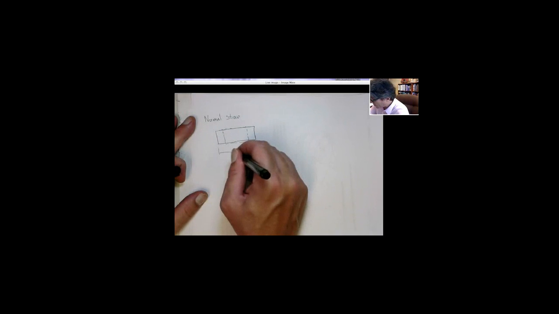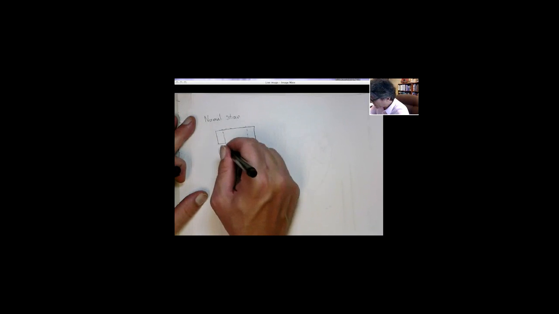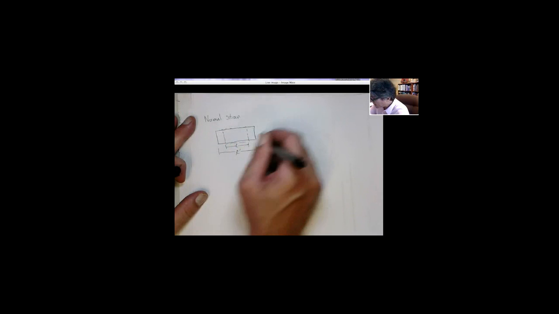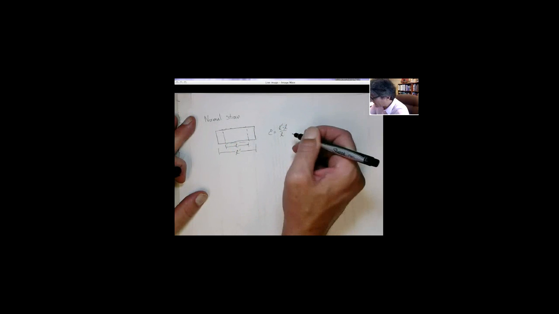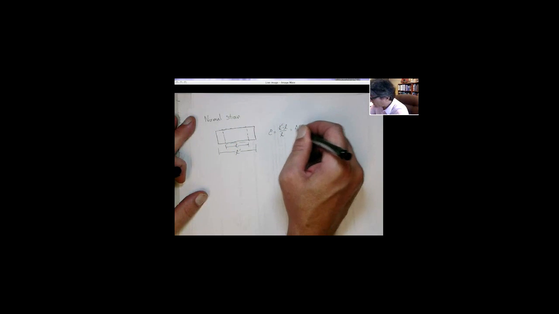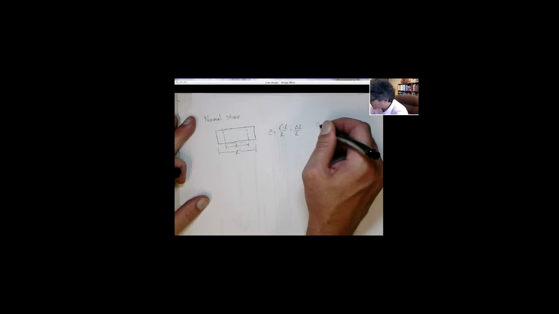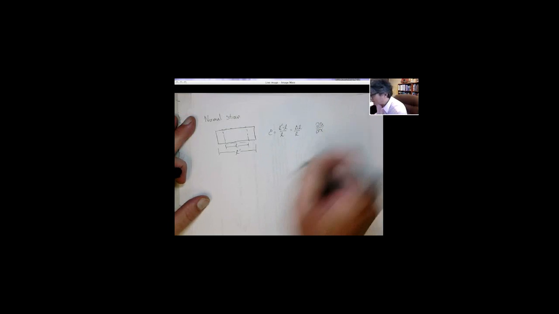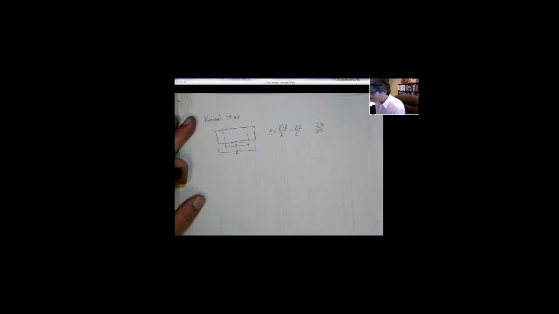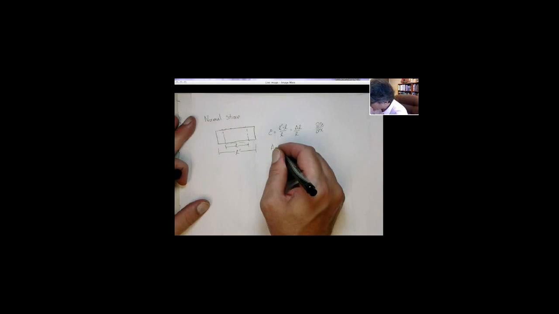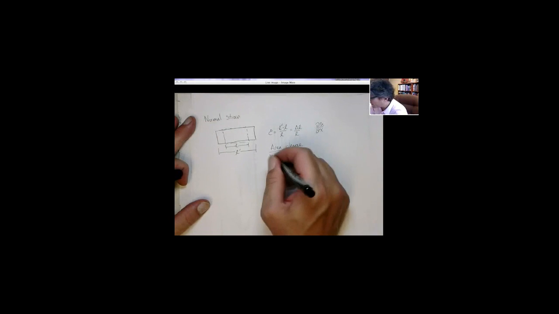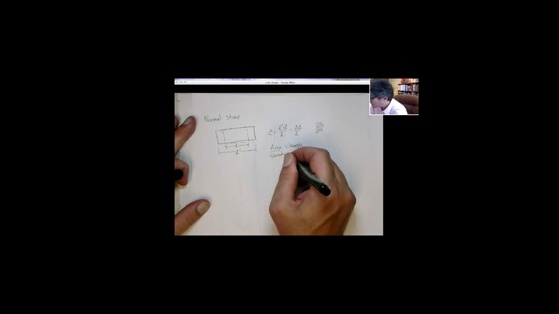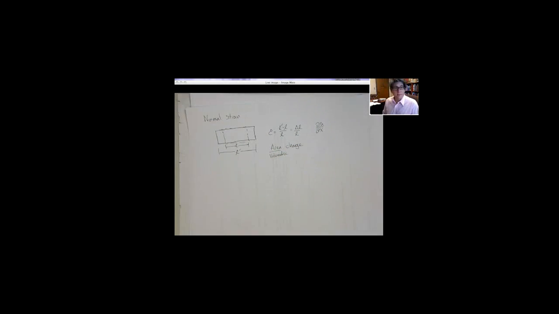So this is L prime. This is L. And the normal strain is L prime minus L over L, the change in length over the original length. Or it's also, in the limit, the change in displacement with respect to x. The other thing to note is there's an area change associated with that, or volume change, really. You should call it volumetric. So there actually is a change in volume with that type of deformation.